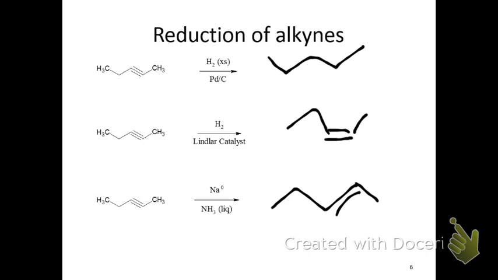Okay, and so there you see the three reactions that you need to know about for reduction of alkynes: all the way to the alkane using excess hydrogen and a metal catalyst, using hydrogen and a poisoned catalyst, typically Lindlar catalyst, to give the cis alkene, and using dissolving metal reduction to give the trans alkene.